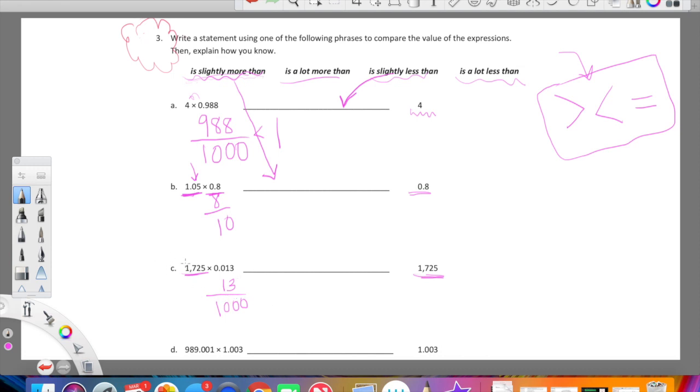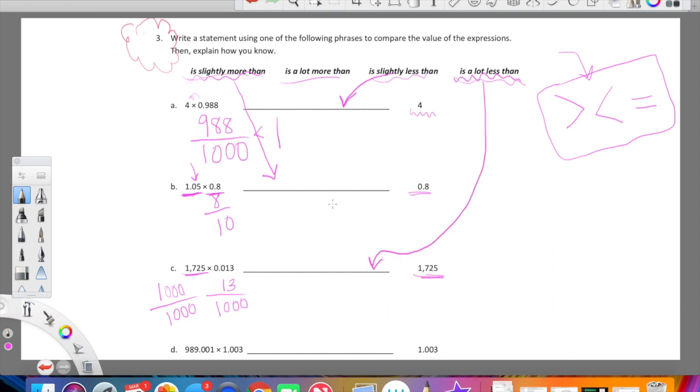If we wanted to look at 1 in terms of thousandths, that would be 1,000 thousandths. This is only 13 thousandths, so it's little. So we're multiplying 1,725 by something that is much, much less than 1.